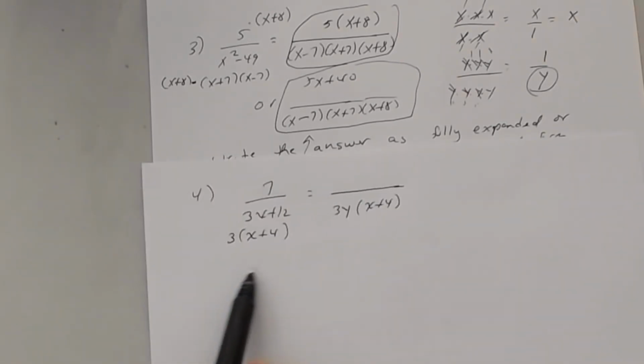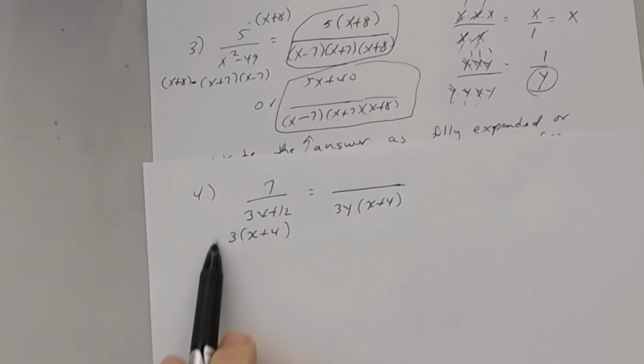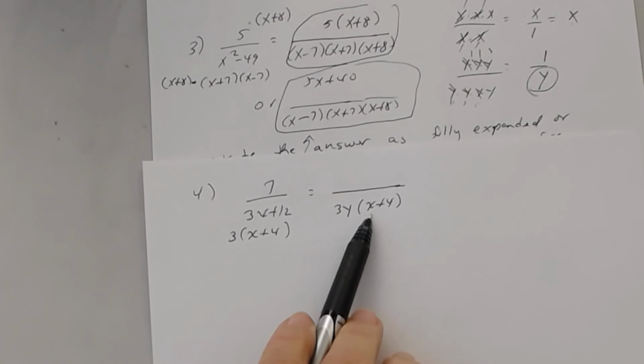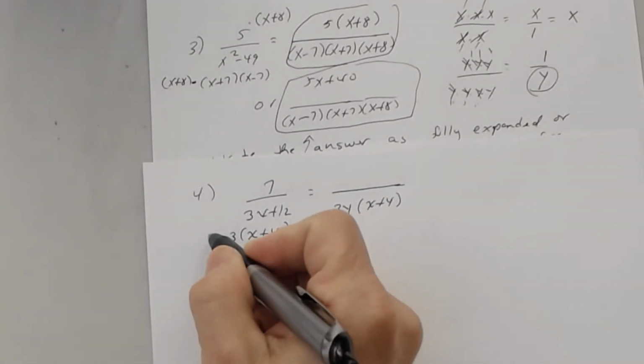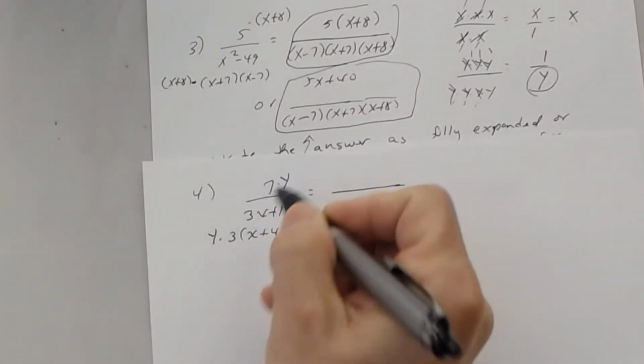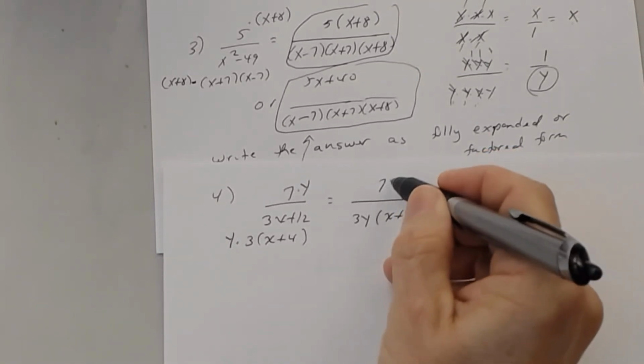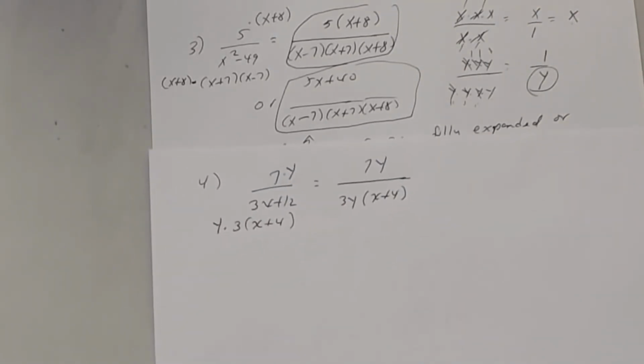What must I multiply this denominator by to get this denominator? y. So I'm going to say times y, just like this. Now that one's easy in terms of the numerator. The numerator is just 7y. That's the numerator.